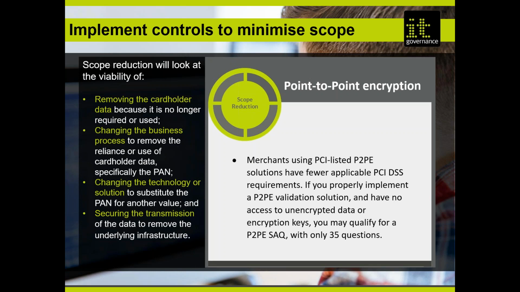Merchants using listed P2PE solutions have fewer applicable PCI DSS requirements, which helps simplify compliance efforts. And if you're properly implementing a P2PE validated solution and have no access to unencrypted data, then you can potentially qualify for around 35 of the requirements questions that you will need to fill in.